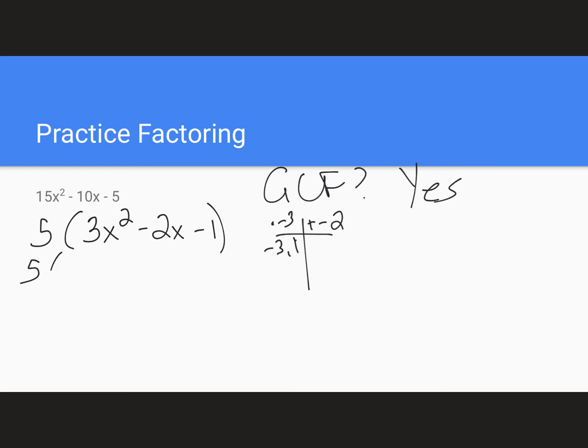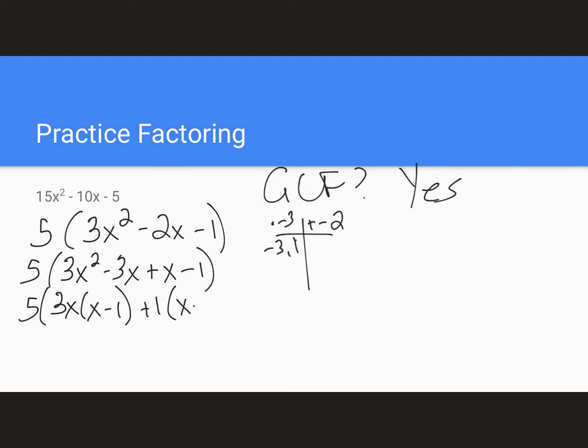So I have 5 times 3x squared minus 3x plus x minus 1. 5 times 3x times x minus 1, plus, I get to factor out a 1 there because we don't have a common factor, 1 times x minus 1. So that gives me 5 times 3x plus 1 times x minus 1.